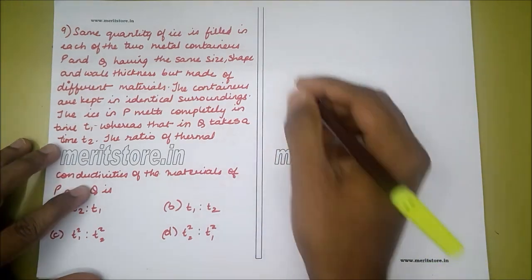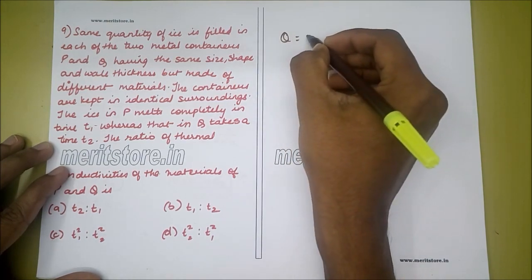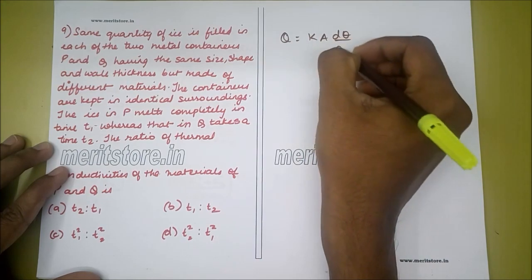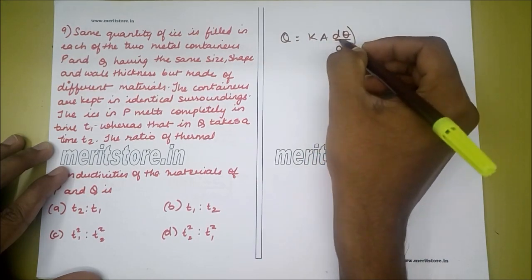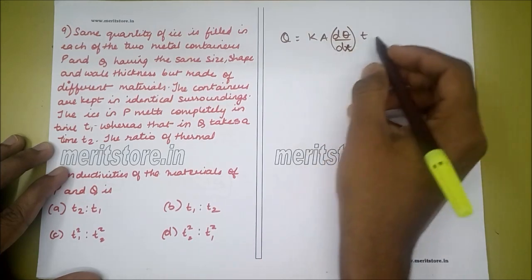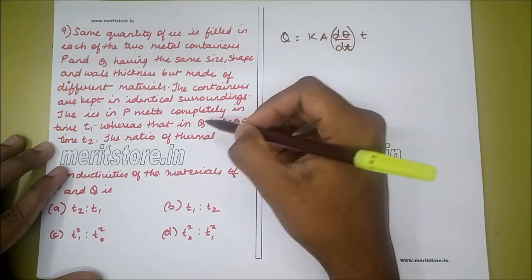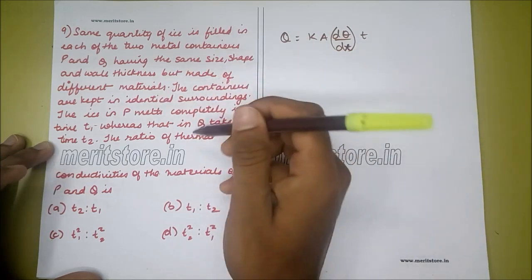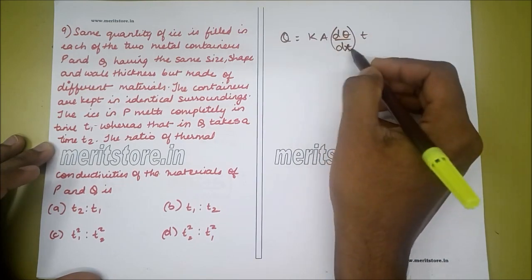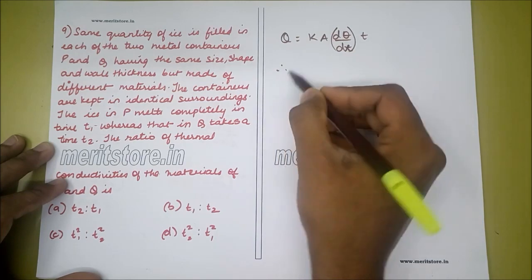Now the formula for heat Q is given as K A d theta by dx times T, where T is the time, K is the thermal conductivity, A is the area, and d theta by dx is the change in temperature per unit length.